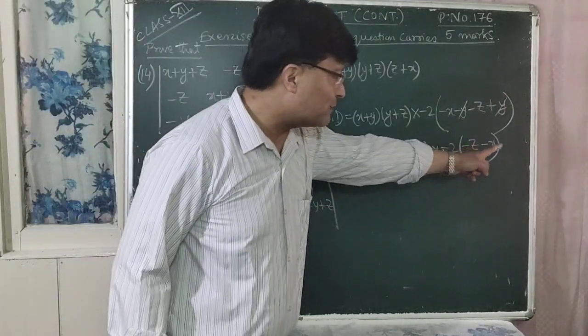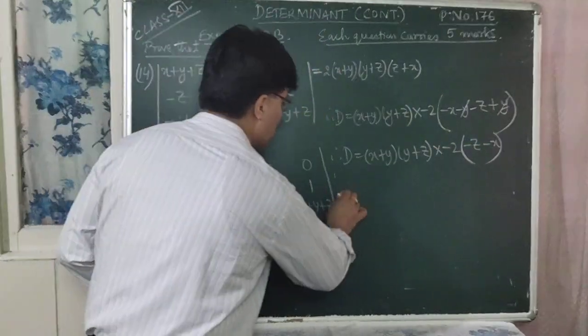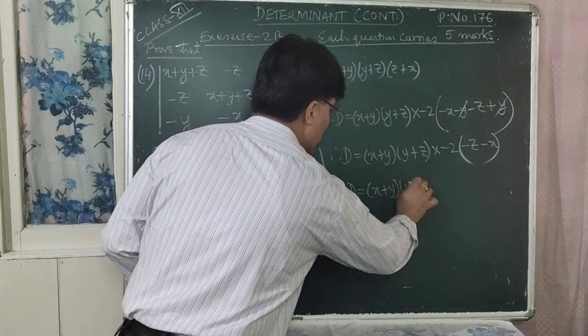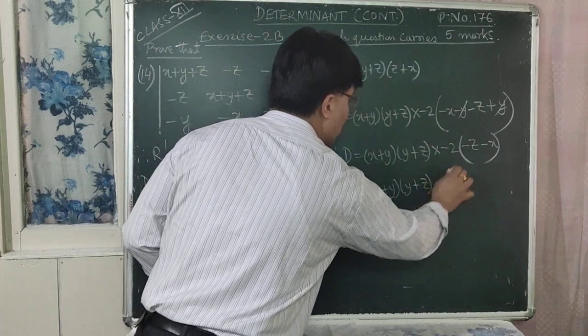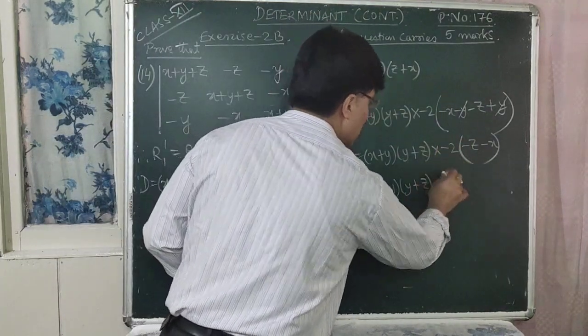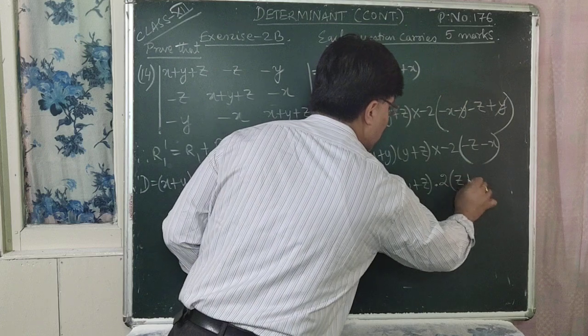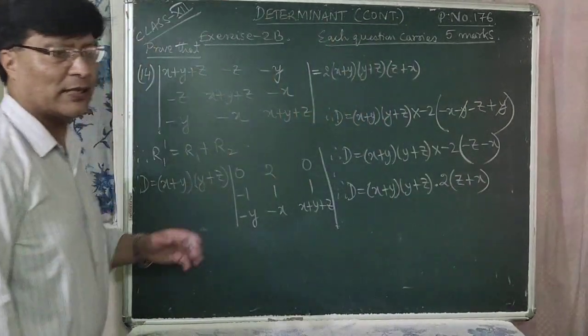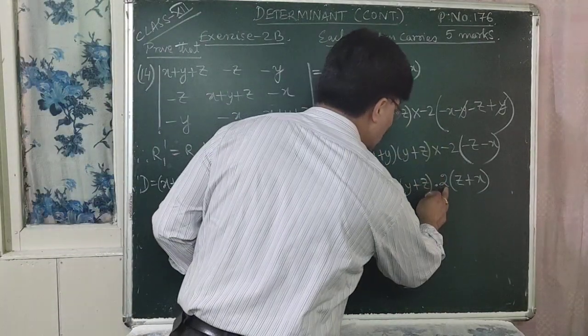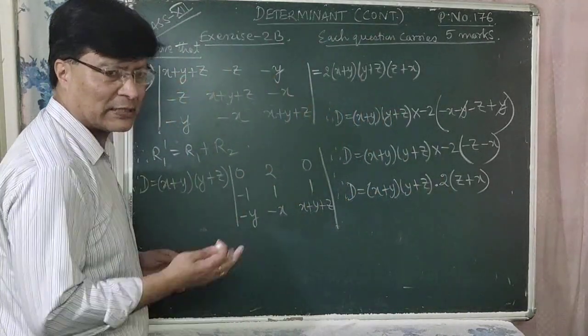So in this case minus is taken common, right? So therefore D is equal to x plus y into y plus z into, your minus is taken common. So minus to minus plus, that is 2 within bracket. What do we get? It is z plus x.